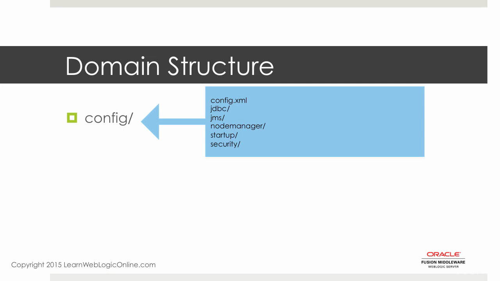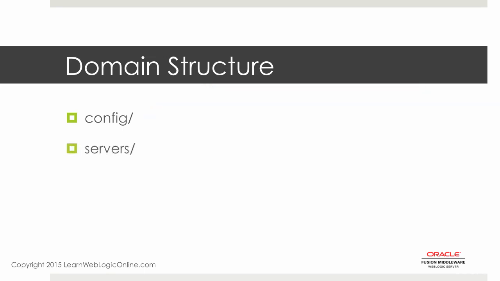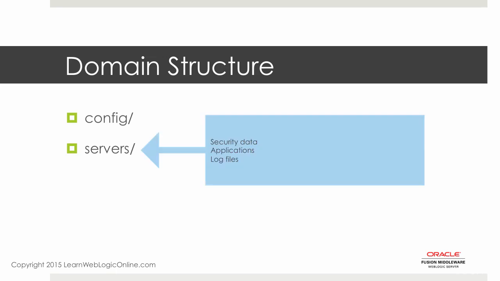Now, the config XML can have pointers to other types of configuration resources such as JDBC, JMS, Node Manager, and security. Now, the other important subdirectory within a domain is the servers directory. The servers directory contains all the servers that are configured for that domain.